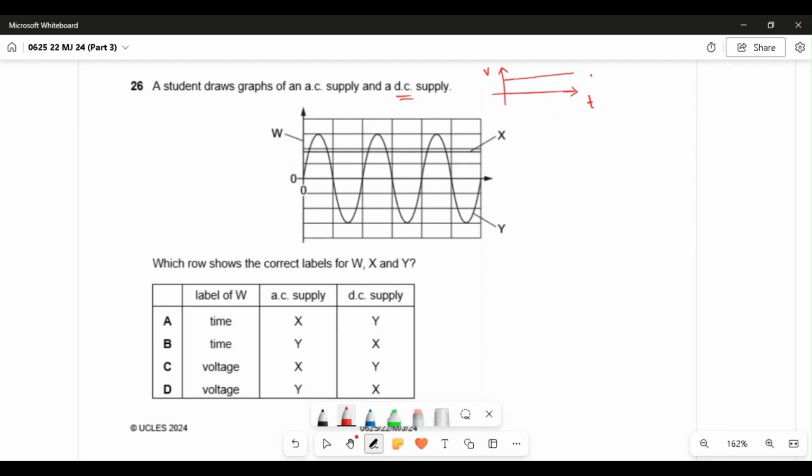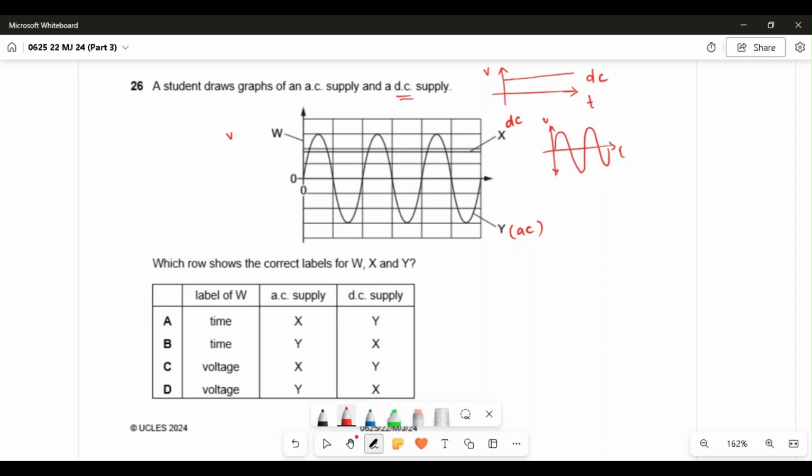This is for the DC. But for an AC, on the voltage and time axes, we can see AC always has positive and negative pulses, and it keeps on changing. So for me, this straight line is showing DC, this Y is showing AC, and W is showing voltage.